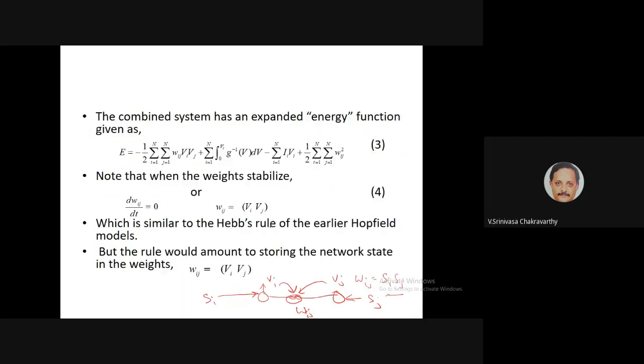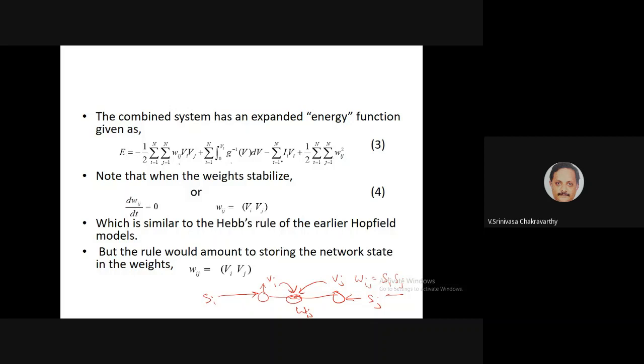Now here also people have proposed an extended energy function, where up to this point it's like the energy function of the continuous Hopfield network: the coupling terms, then the g inverse of V term, and then the term with the external input I. In addition, we have one more term, which is the sum of all the weights squared, Wij squared.